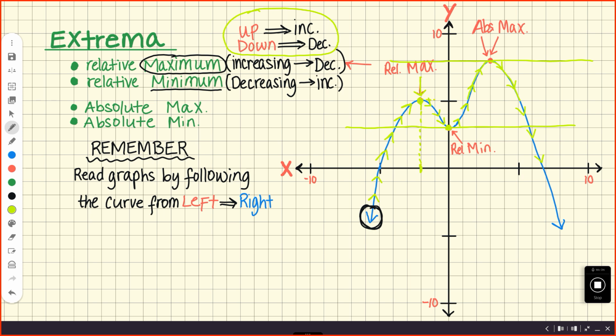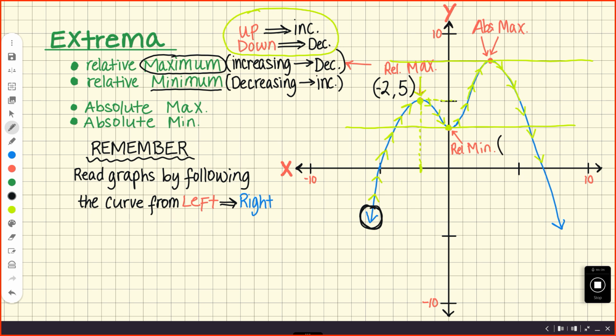I'm also going to go to my y and see what value I have there. Depending on what they ask you to find, I believe your assignment says find the x coordinate, so you only have to find the x value. In this case, that would be -2, and for my y would be 5.